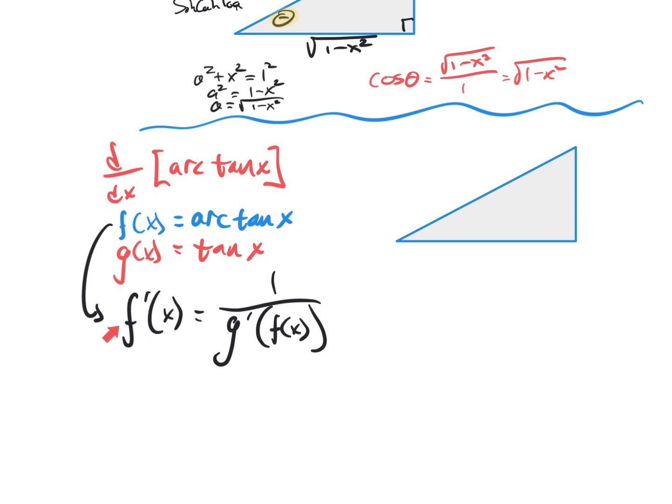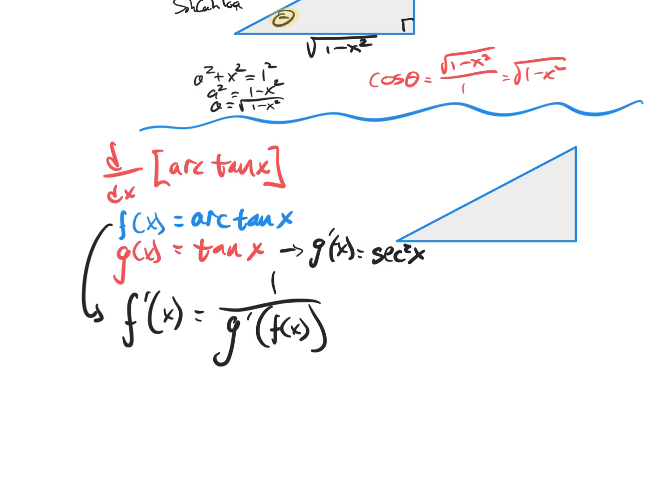Again, I don't know how to find the derivative of f, which is arctangent, but I can find the derivative of g. And so we're going to put f of x inside of g prime. So while we're at it, let's evaluate g prime. The derivative of tangent x is secant squared, right?